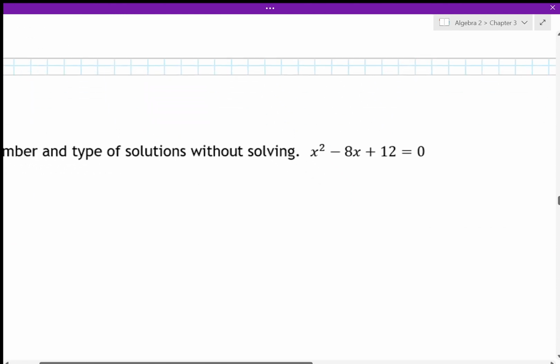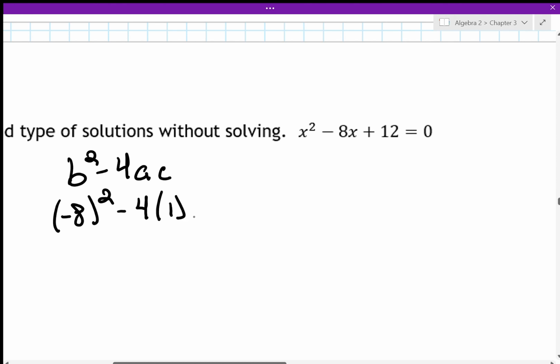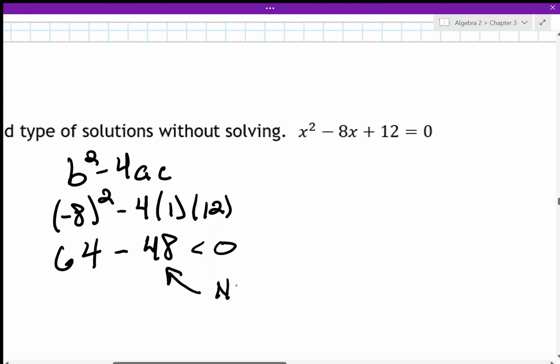Number 24. Again, same style problem. We're wanting to use the discriminant, b squared minus 4ac. So that's going to be negative 8 squared minus 4 times 1 times 12. This is going to be 64 minus 48. I'm not really sure what 64 minus 48 is, but I know that it's greater than 0.